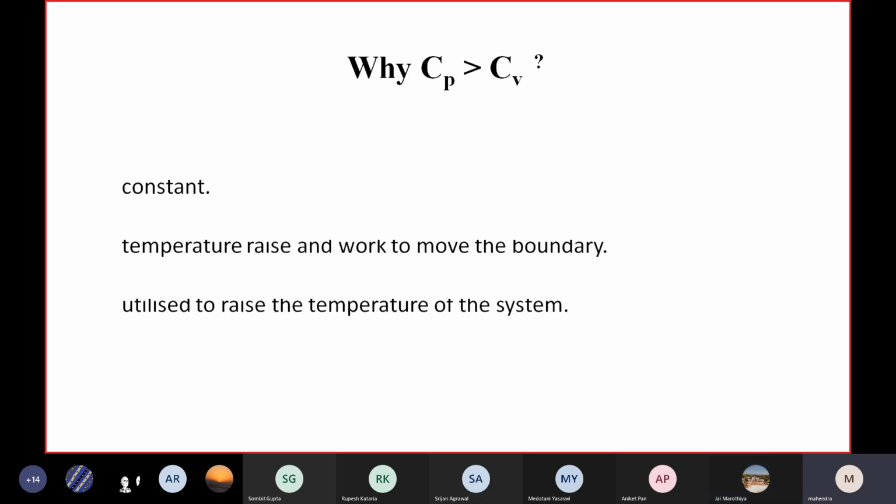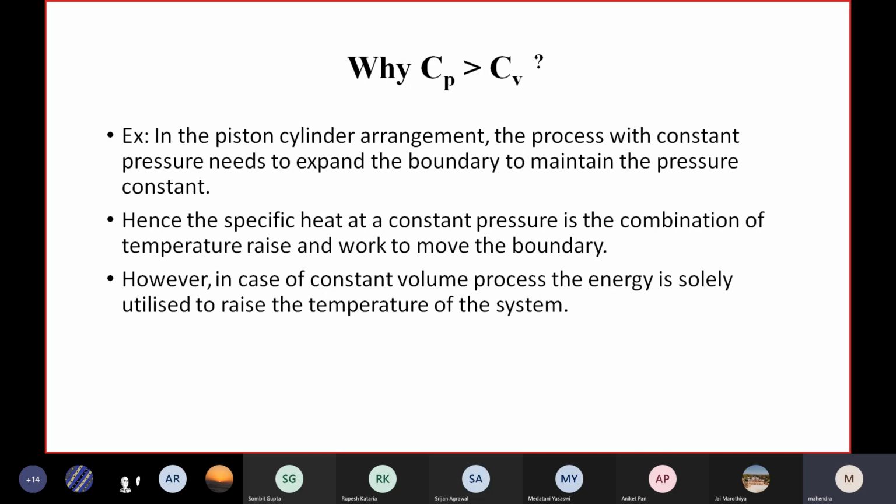So we are saying constant pressure. That means to maintain the pressure constant when you are supplying the heat, obviously the volume tries to expand. To maintain that pressure, the volume will be increasing, so the boundary should be moved. When the boundary is moving, work is happening over there.